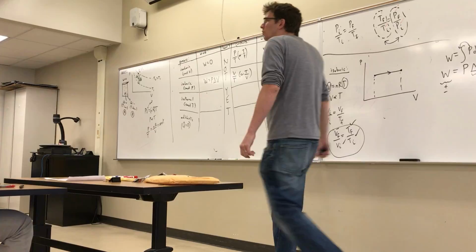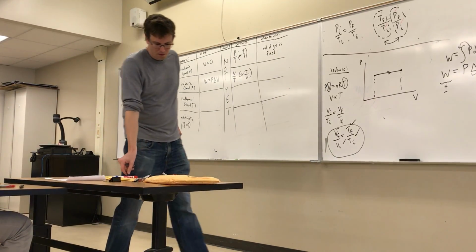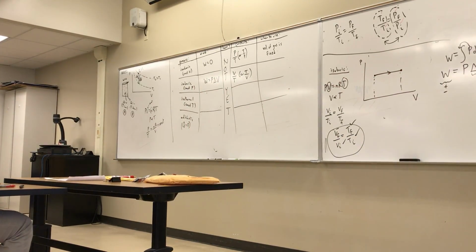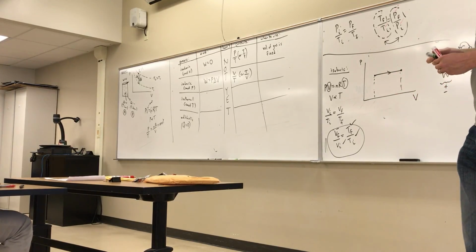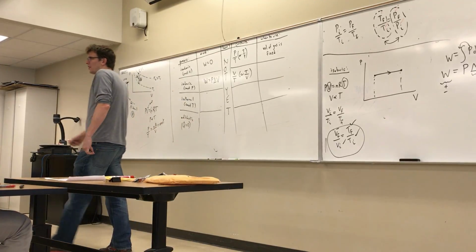All right. So what else can we say about this process? Well, obviously, there's work being done. So let's draw the case where work is going out. But we are also changing temperature.